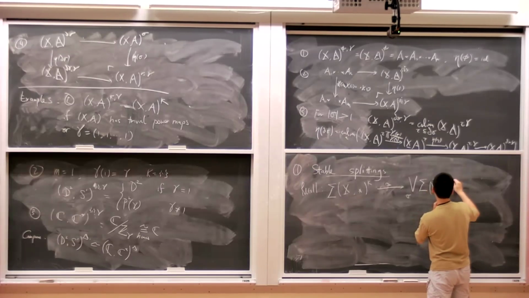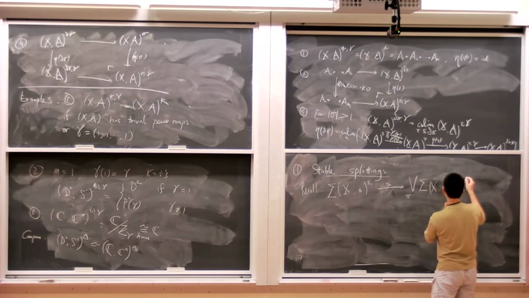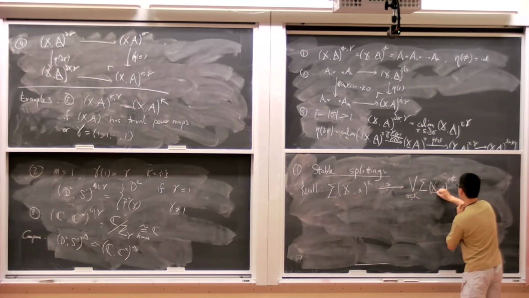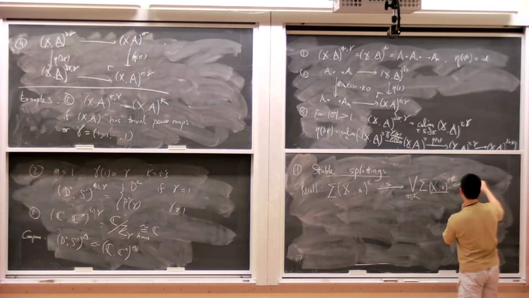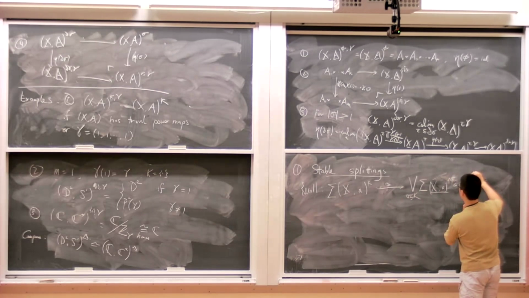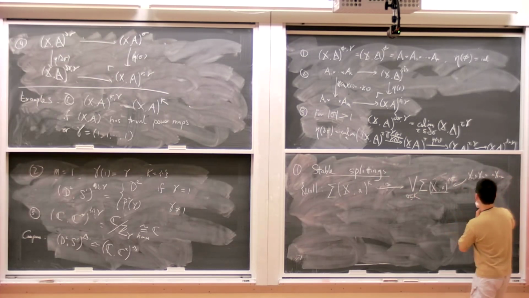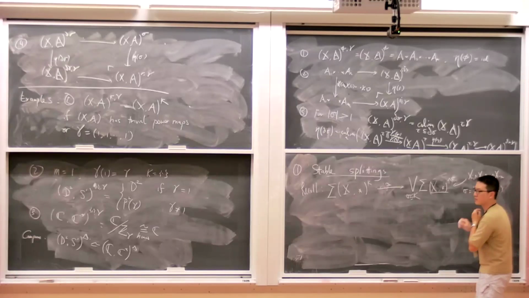I think something like this. I can't remember the K sigma or something like that. In this case, I just give the simplest version. So this is just equal to X_i1 smash X_i2 smash up to X_ik, where i1, i2, up to ik is a simplex here.